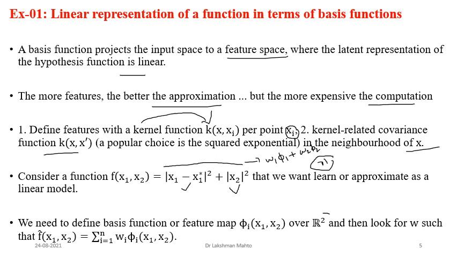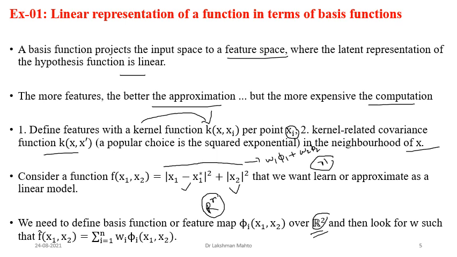But remember that your input space is R2, because it is a function of your input variable. It is a two-dimensional variable, so the input space is R2, but the output space depends on how many basis functions you are taking. It may be Rn, R3, R4, R5. This one is the feature space, and this one is the input space for this function.